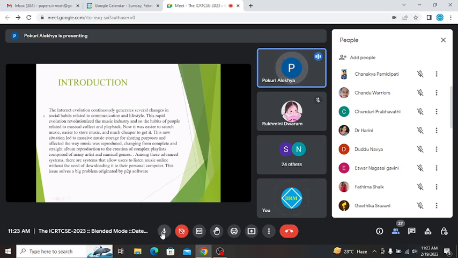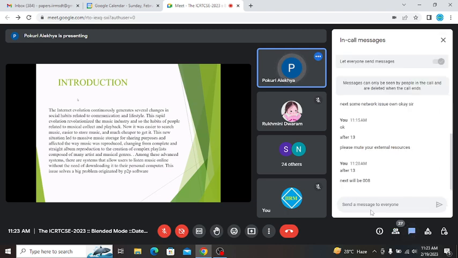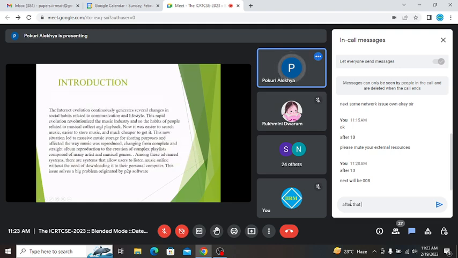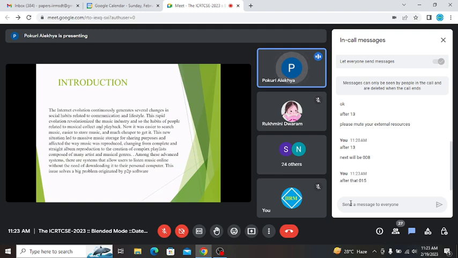So this is the introduction, sir. In the present days, the internet has evolved very fast, and due to this, technology has increased, and the songs data and the number of songs have grown. In the older days, we would store the songs in our mobiles and play them.